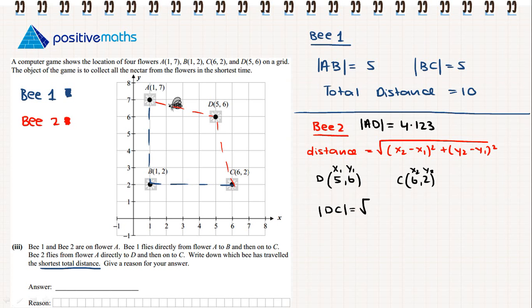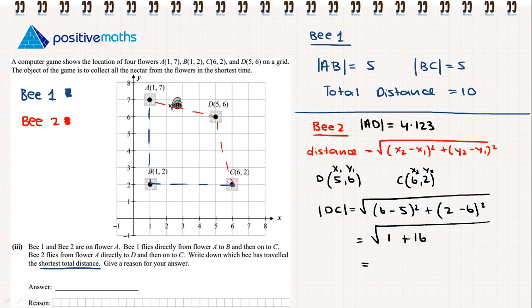So my distance from D to C is going to be (x2, which is 6, minus 5) squared, plus (2 minus 6) squared. 6 minus 5 is going to give me 1, so 1 squared is just 1. 2 minus 6 is going to give me minus 4. Minus 4 squared is 16. So again, that's the square root of 17, which is equal to 4.123.